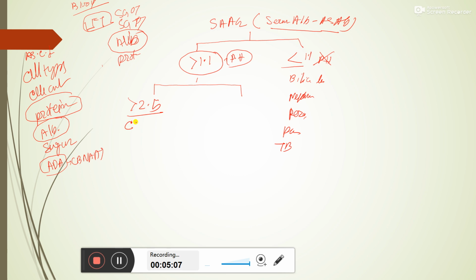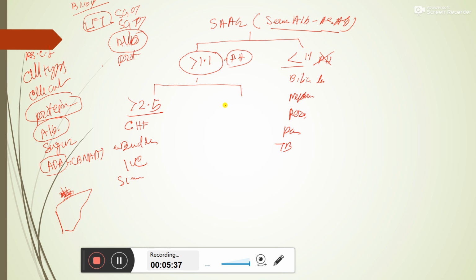It may be due to congestive heart failure, early Budd-Chiari, IVC obstruction and sinusoidal obstruction. Most of the causes are extrahepatic, post-hepatic.